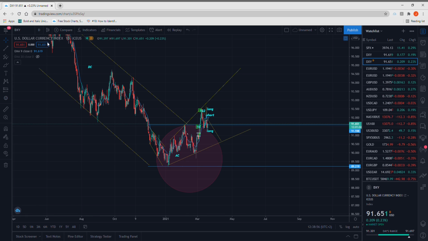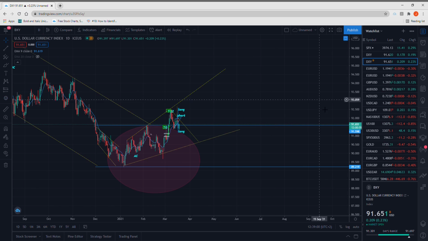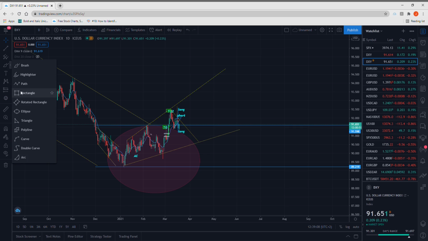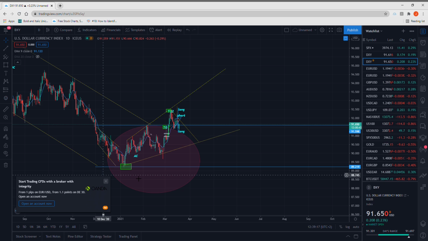Firstly, I like to look at the dollar first and see what's happening, where the trend's going and everything like that. So we're on the daily time frame here, and let me just draw that for you guys quickly so you can see. You can see it stopped here, didn't break any support line or resistance.